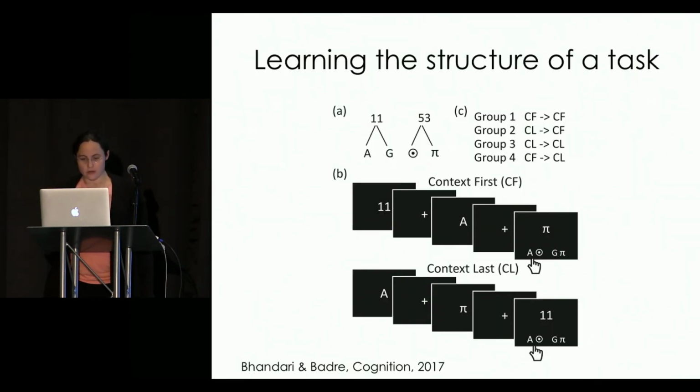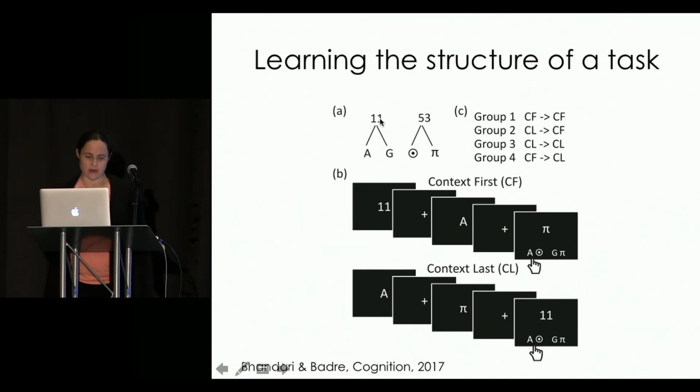So more recent work shows similar findings at a more subtle level in humans. So, for example, Apoorva Bhandari and David Badre show that if you learn how to handle a task, so for example, if you learn how to decide what to keep in working memory and what not to keep in working memory in a task, you're going to be able to bring that structure with you to the next environment.